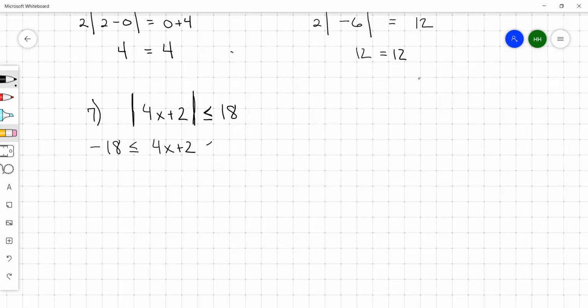And then you drop down the symbol again, and you drop down the positive 18. This is only when it's less than, and the absolute value symbol's by itself. So now you subtract 2, and subtract 2. So we get negative 20 less than or equal to 4x, which is less than or equal to 16.